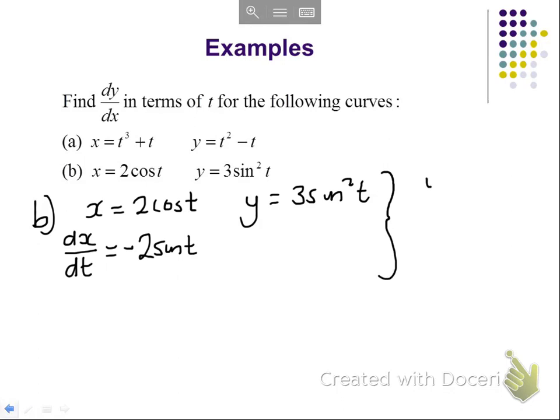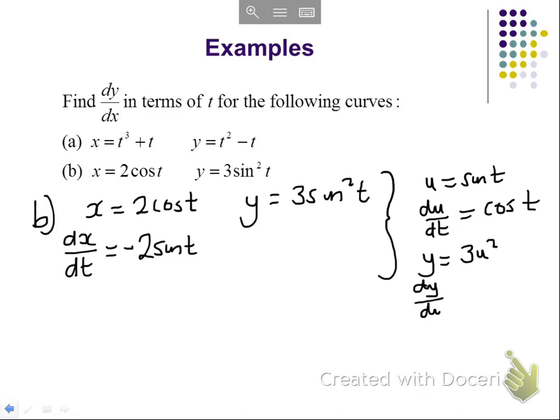However, with the second one, I'm going to say let u equal sine t, so du by dt will equal cos t, and y will equal 3u squared, so dy by du will be 6u, which will give us dy by du as 6 sine t.